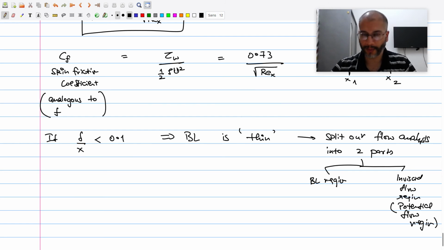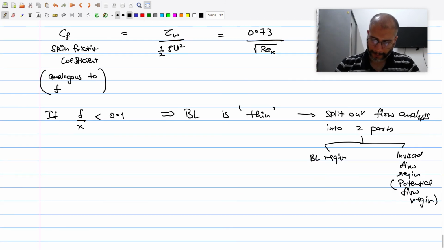I will not discuss further why we can't do this, I just mention that it is not possible if delta by x is greater than 0.1. It does not affect anything in this chapter, but a general analysis of flow becomes difficult.